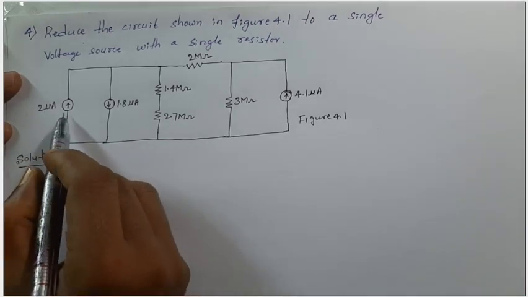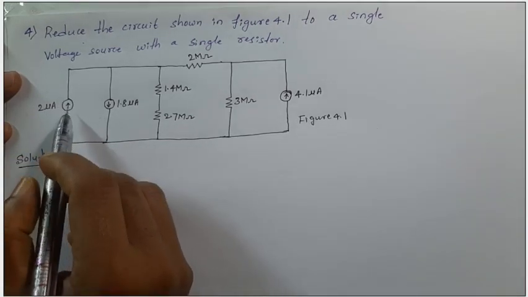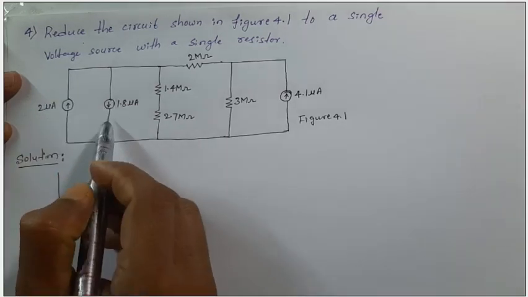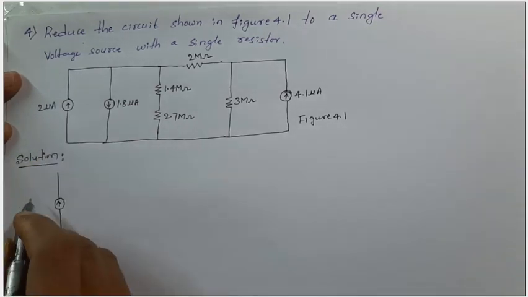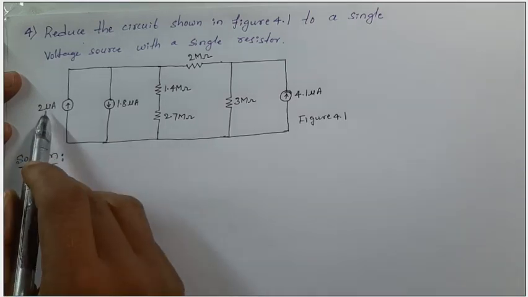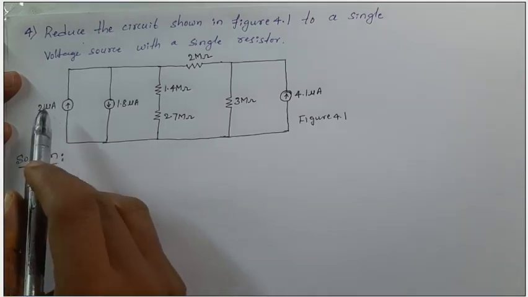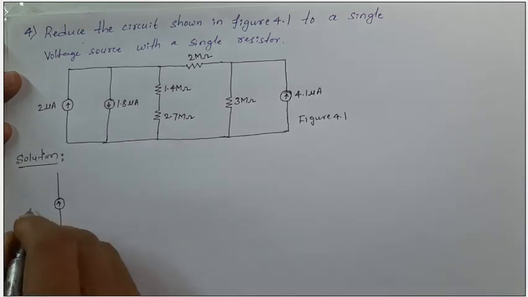This current source is flowing in the upward direction, whereas this current source is flowing in the downward direction. Because of that, the total current source will be 2 microampere minus 1.8 microampere, which is 0.2 microampere.